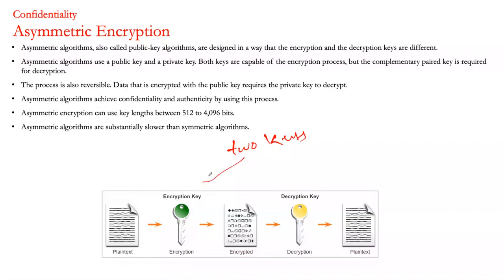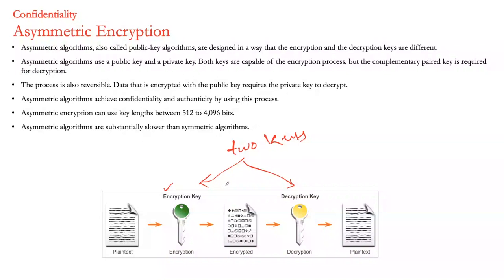One key is used for encryption, another key is used for decryption. In these asymmetric key algorithms, both keys are capable of the encryption process as well as the decryption process, depending on use, and the process is also reversible in this case. So these asymmetric key algorithms achieve confidentiality and authenticity, and along with that, if they use hash functions, then data integrity is also achieved.